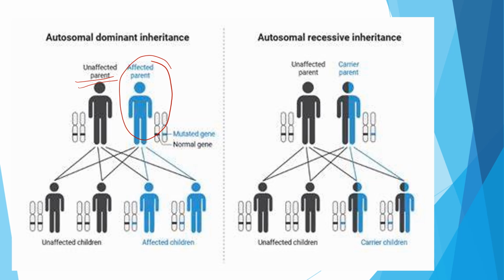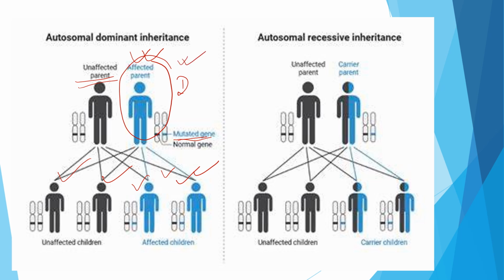Here the mutated gene is a dominant gene. So you can see two children are unaffected and two are affected. Though it is dominant in only one parent, it is affecting two of the children, like two of the next generation are getting affected as it was dominant in one.